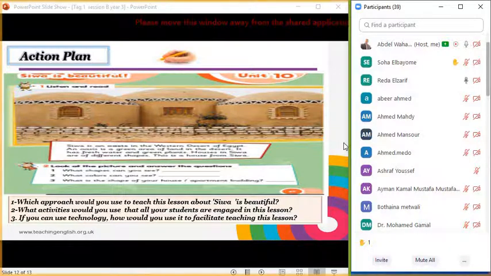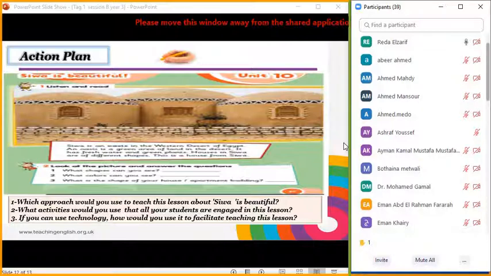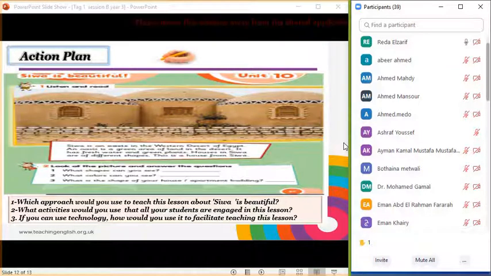Are these houses in different shapes? How many houses are there? And I'll ask them to read a passage about Siwa. At the end, I'll ask them yes or no questions, or W questions about the passage, and I'll ask the pupils to give me a summary of the passage if they can.